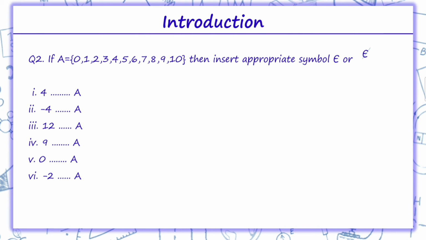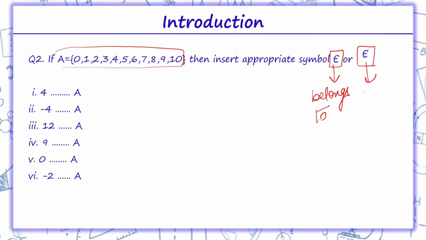Next, coming on to the set A with elements 0, 1, 2, 3, 4, 5, 6, 7, 8, 9, 10, which we have written here. Now insert the appropriate symbol. This is the symbol of belongs to and this is the symbol of does not belong to. So we have to insert the appropriate symbol.